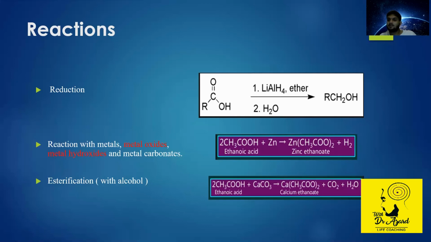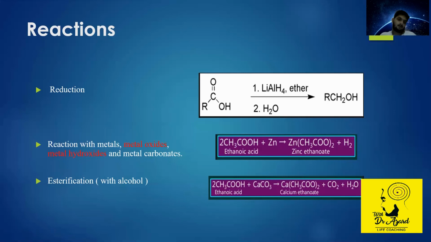You simply oxidize an alcohol. If you oxidize propanol, you get propanoic acid. If you oxidize ethanol, you get ethanoic acid. That is the way that carboxylic acids are formed, so be mindful of that also.